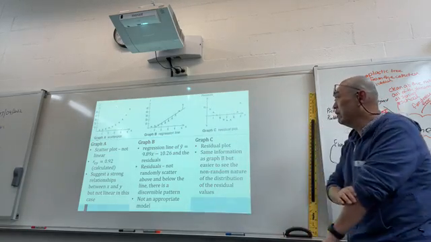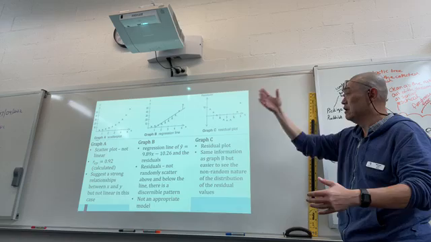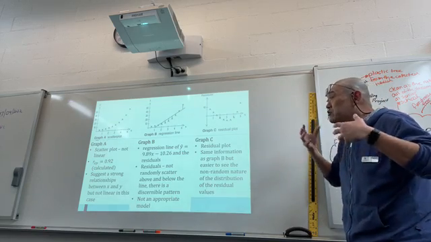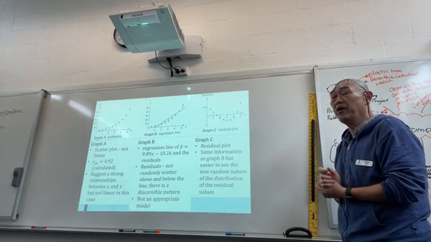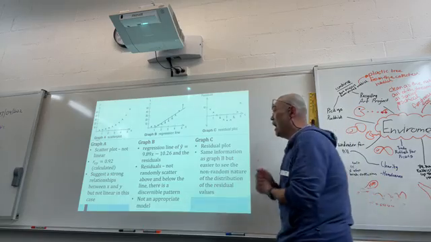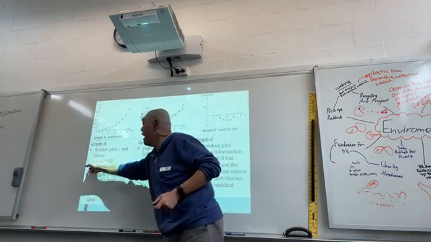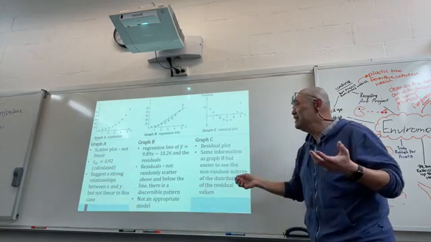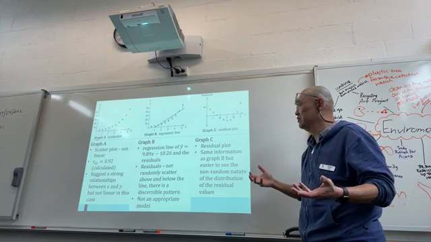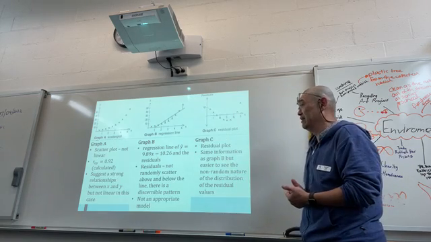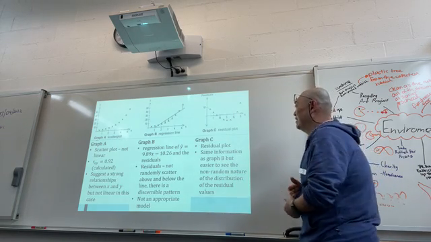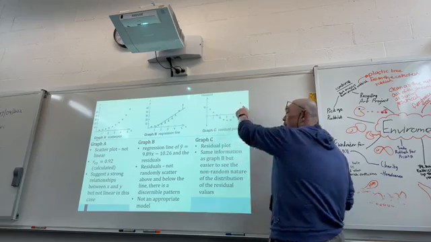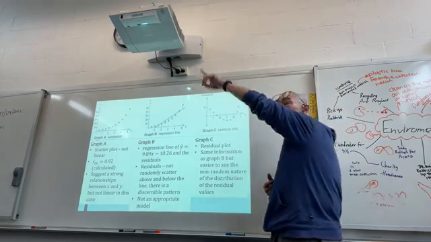This is another example. Again, scatter plot. It looks straight away, you know that it's non-linear. However, when you work out the correlation coefficient, it's very strong, 0.92. You can still get the regression line. But this time, again, there is a pattern. It's a parabola. It's a U-shaped pattern.